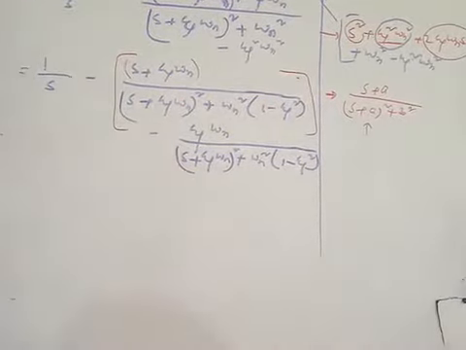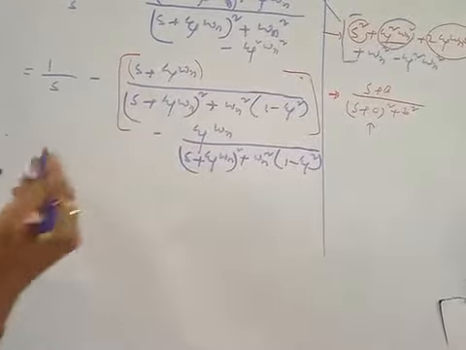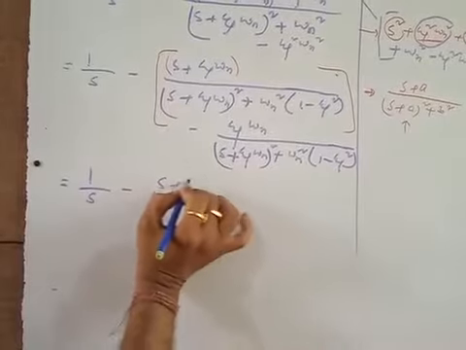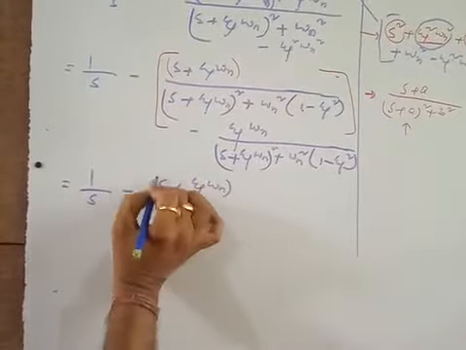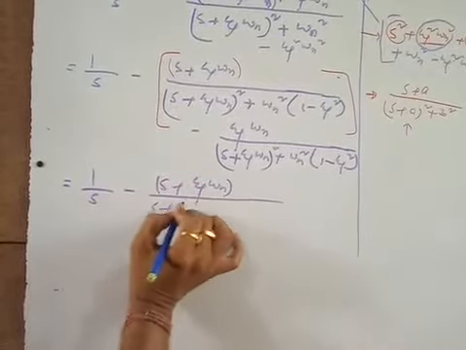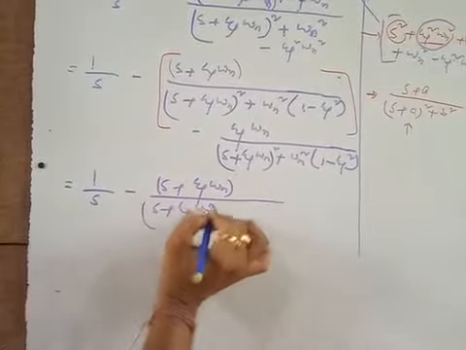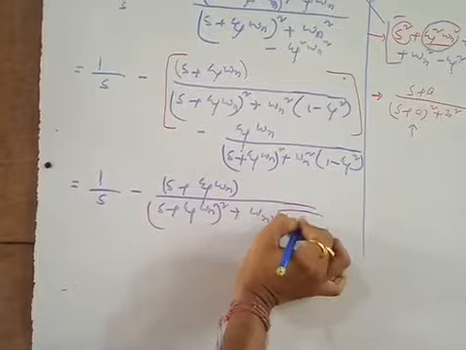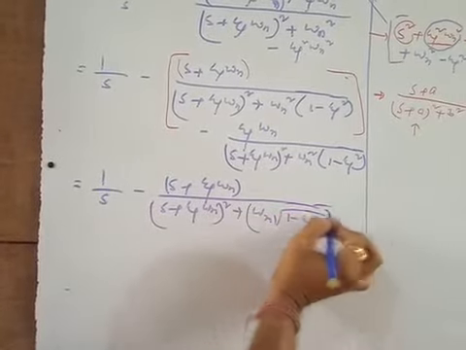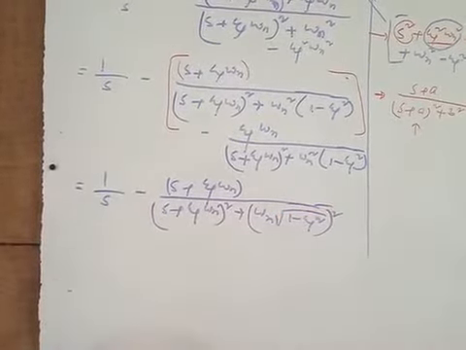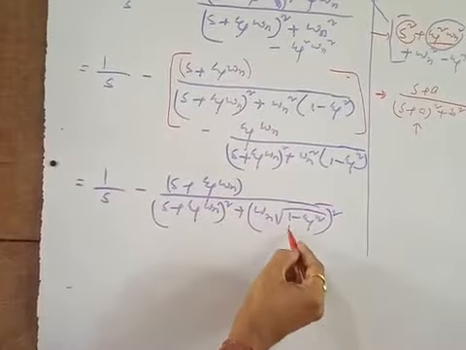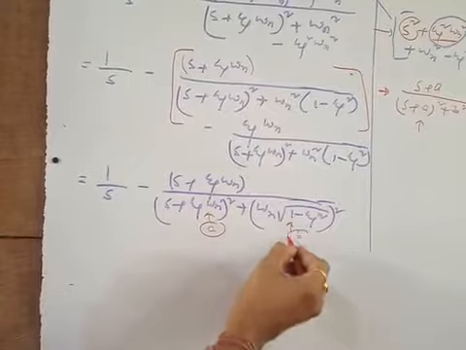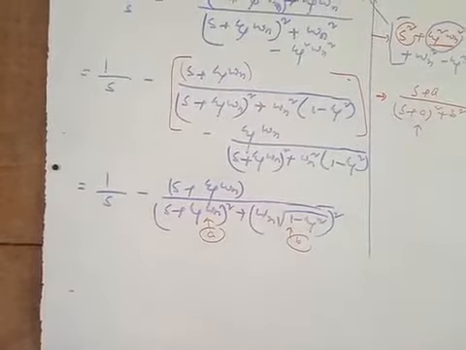So that is one part. This part can be written in that form: s plus xi omega n by s plus xi omega n whole square plus omega n root over 1 minus xi square whole square. So this term can be your b and this term can be your a according to this rule, right?